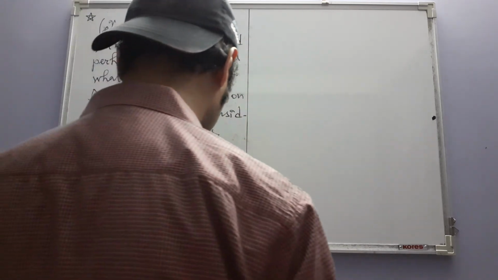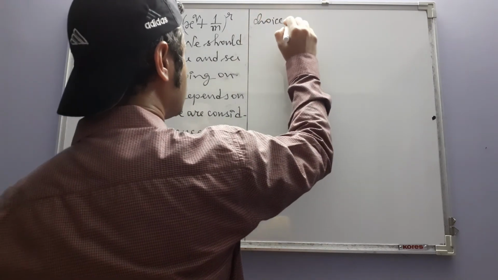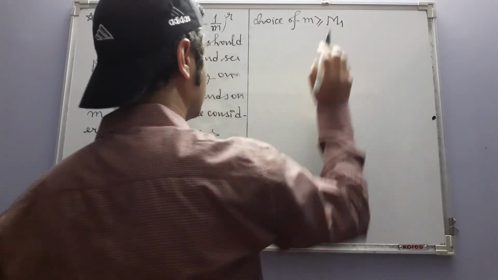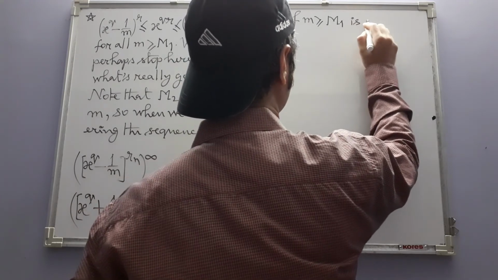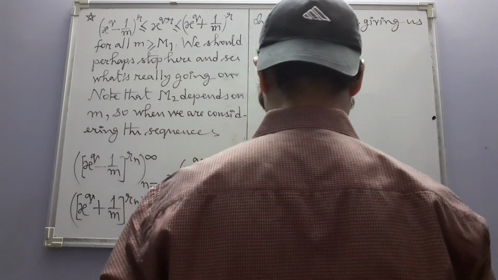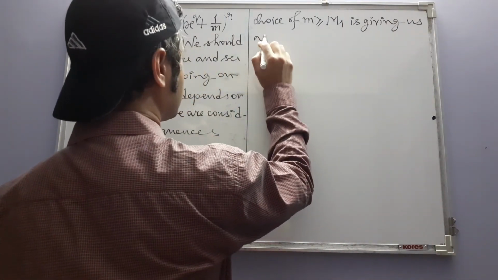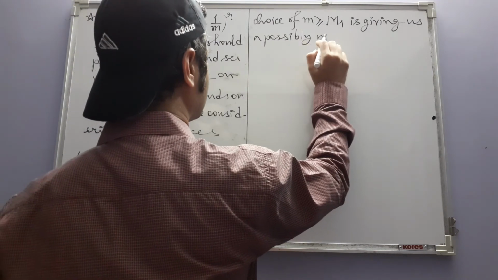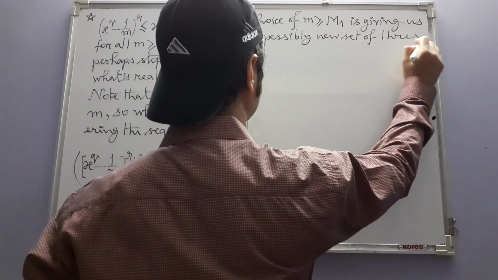Each choice of m greater than or equal to m1 is giving us a possibly new set of three sequences.